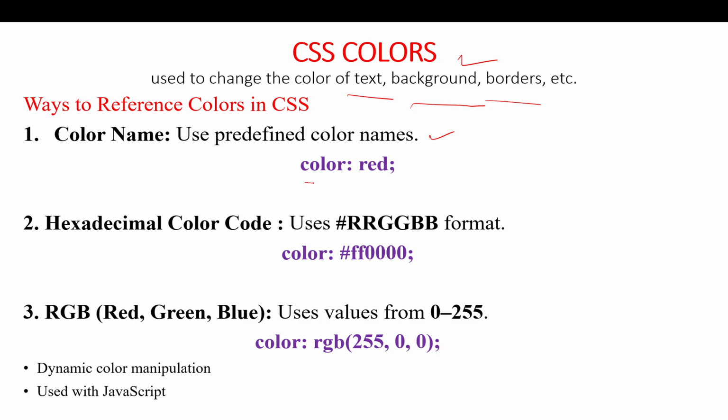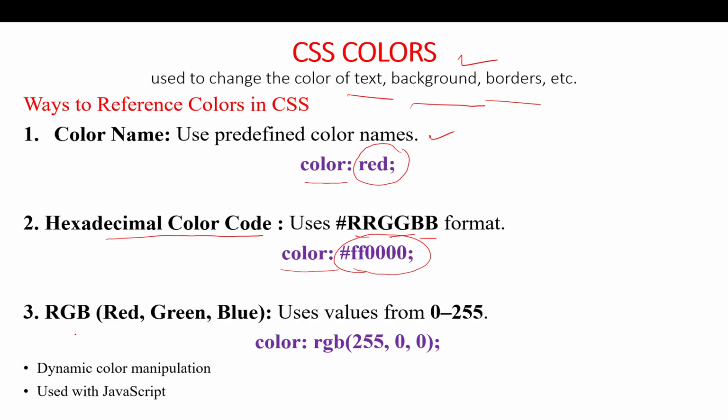There we can use the color attribute with the direct value of the specified color. The second representation is the hexadecimal color code, and it uses the format #RRGGBB. So here we used the color attribute with the RGB hexadecimal value format.